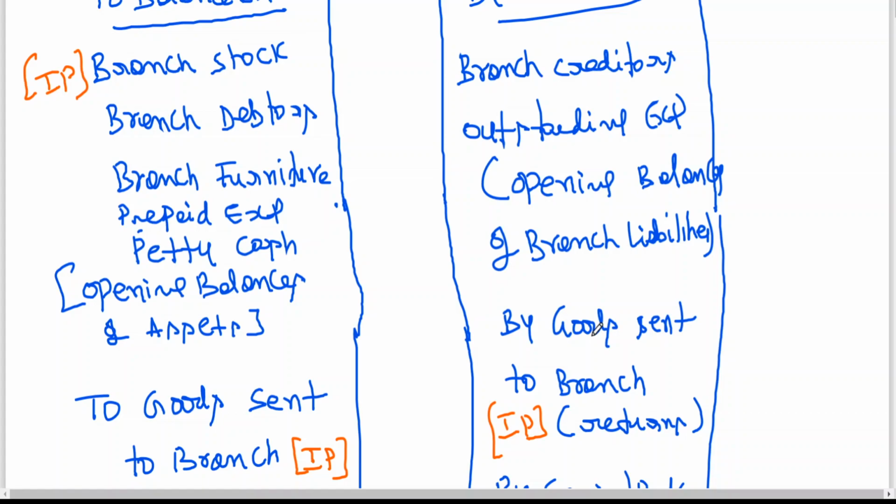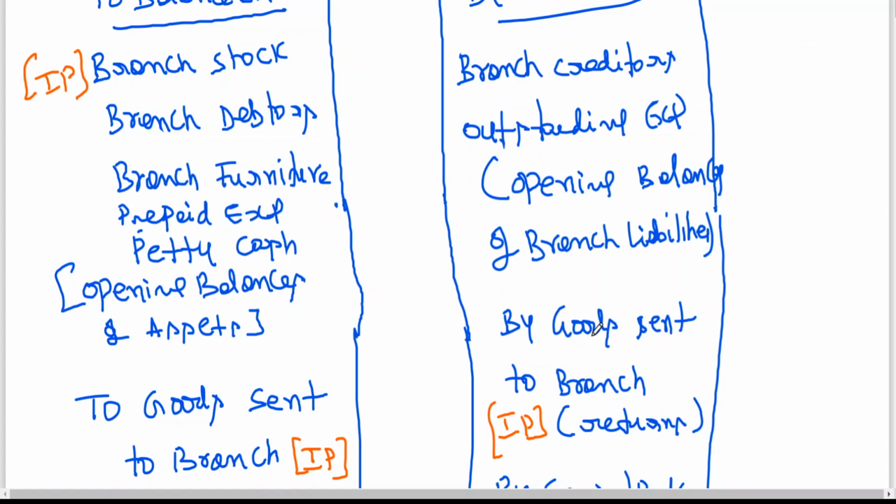Next, sixth one. When goods are supplied by the head office but not received by the branch.